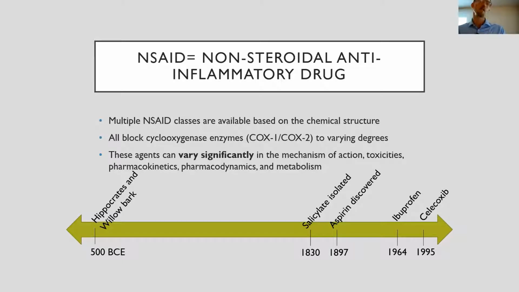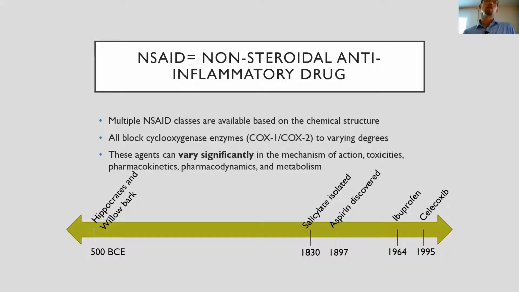Salicylate was first isolated from willow bark sometime in the 1830s. And then aspirin was discovered by a gentleman working for Bayer in Germany, specifically acetylsalicylate. And that was discovered in 1897. So aspirin has been around for 100 years and even more.